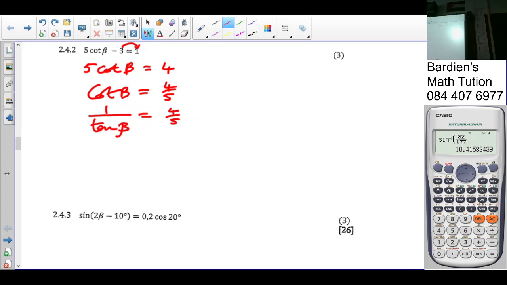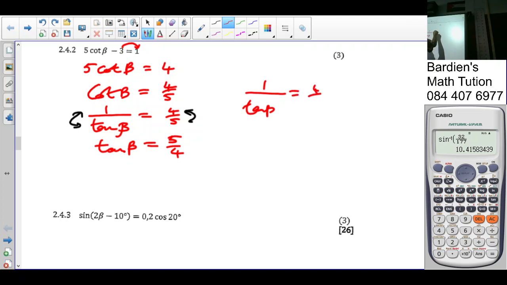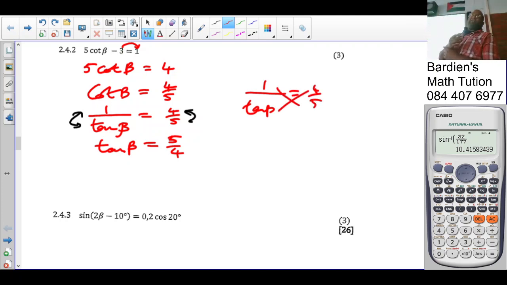Now I can either cross multiply, or if I take the reciprocal of the left hand side, I must do the same on the right hand side. It's equivalent. So in other words, that's going to be tan beta over 1, which is tan beta is equal to 5 over 4. Otherwise, if you had cross multiplied, you can only cross multiply if there is one fraction either side of the equal sign.